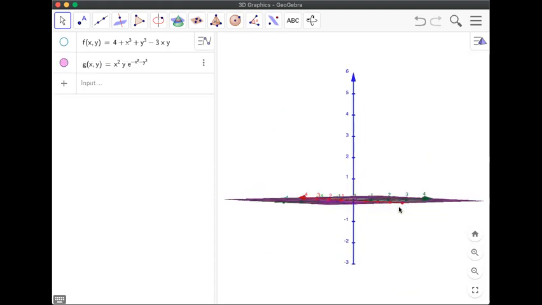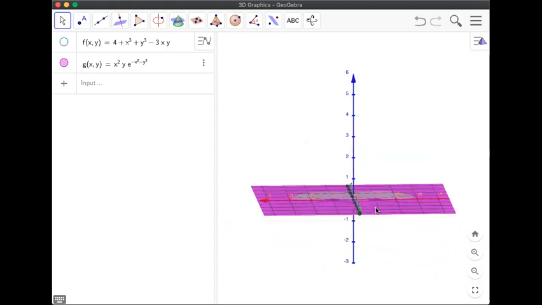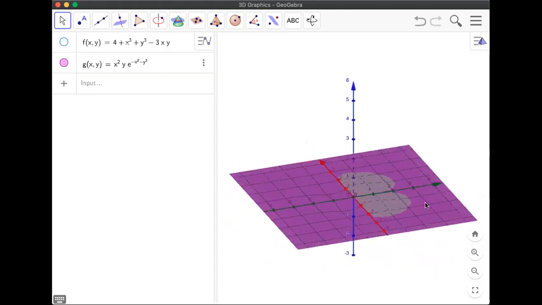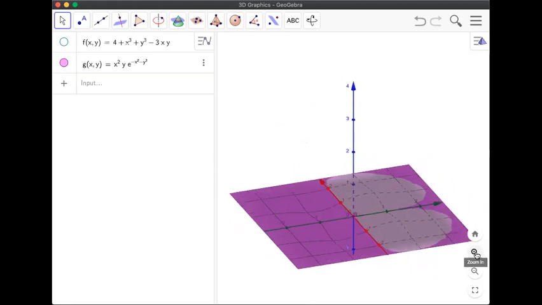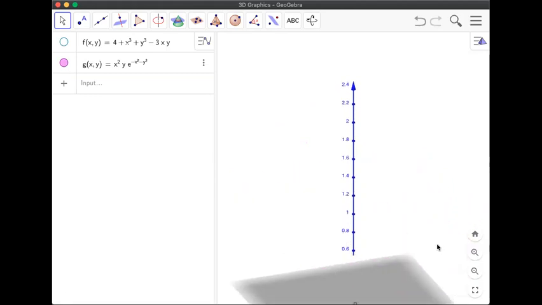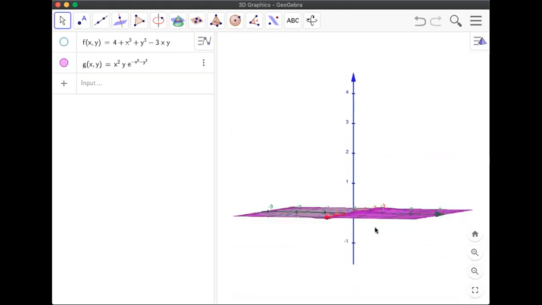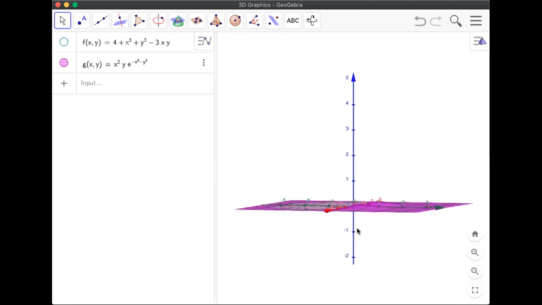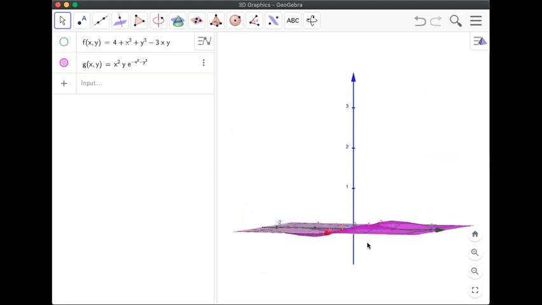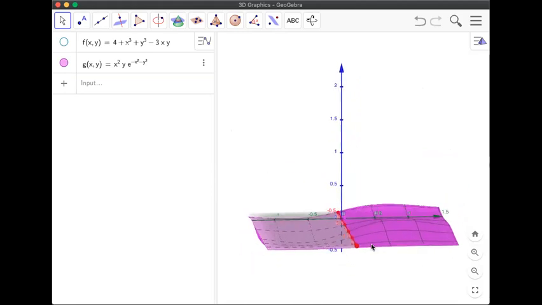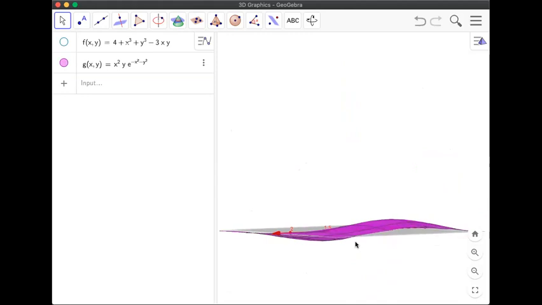So you have this. Oops, it is not obvious, but maybe if we zoom in, zoom out. So in here, I think I can zoom. As you can see in here, it's starting to show.